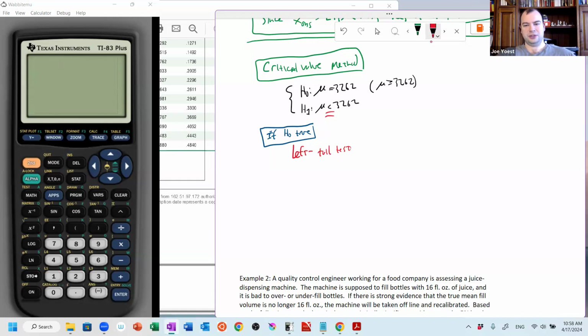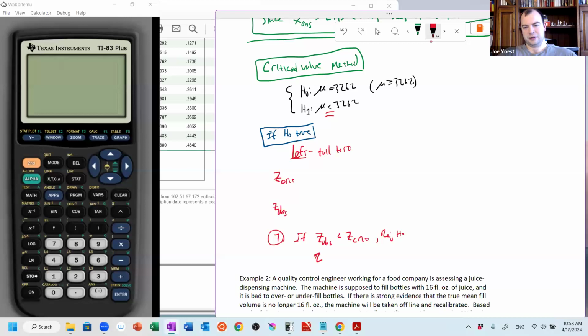And then I can do two things. I could compute a Z critical and a Z observed, and then ask, is Z observed to the left of Z critical? If Z observed is to the left of Z critical, reject H naught.